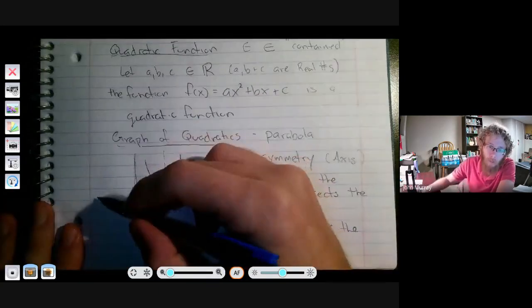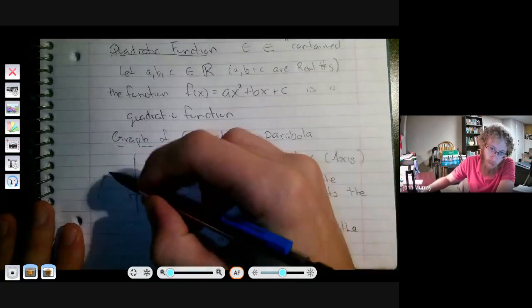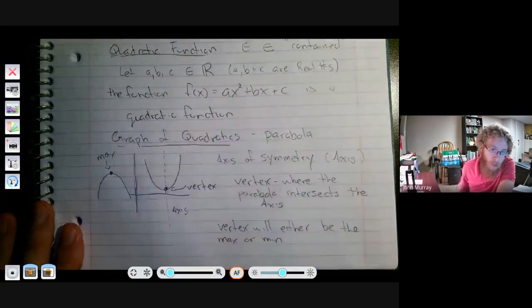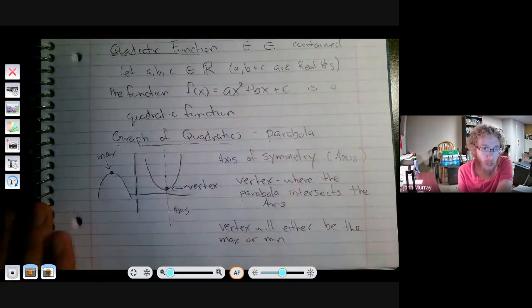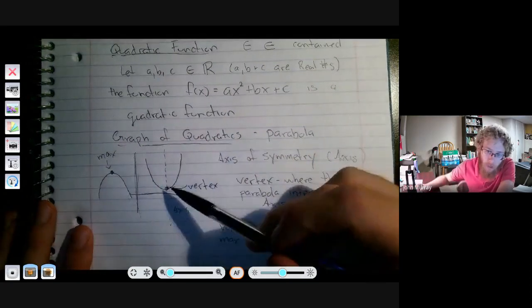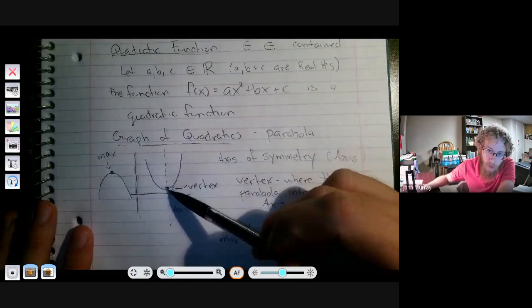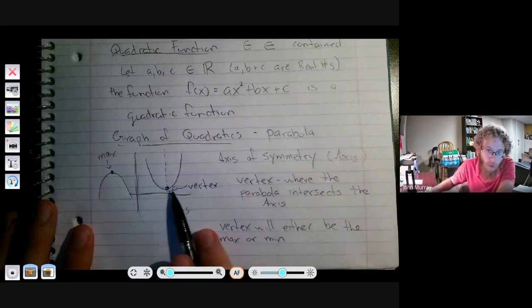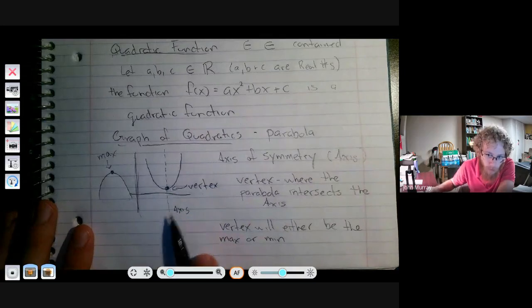If I had a parabola like this, our vertex would be the max because it would be the highest point. In this example, our vertex is the minimum value because it is at the bottom. There will be nothing lower than wherever this is.